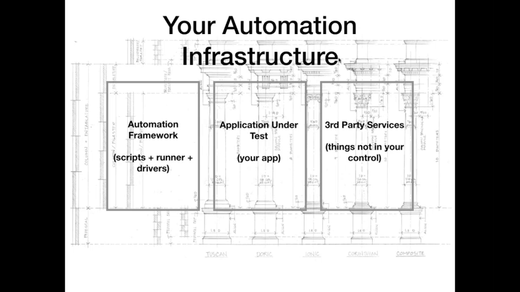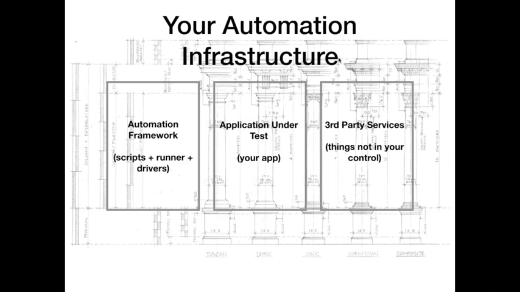PHPUnit, your PHP scripts, and your Selenium browser drivers. There's the actual application under test, which you also need to think about: how it's being run, maintained and executed against. So that's your app. And things like third-party services that you are integrating with and have connections from your infrastructure to.